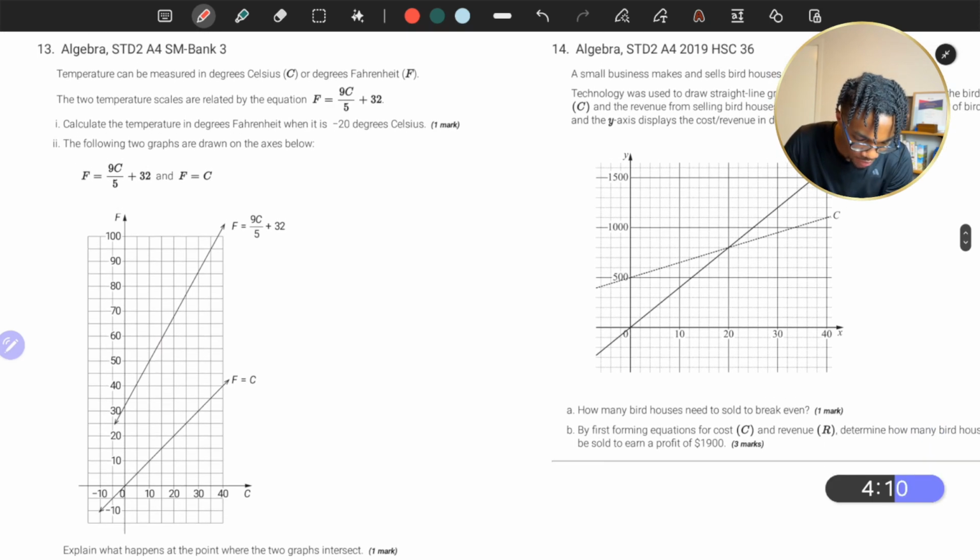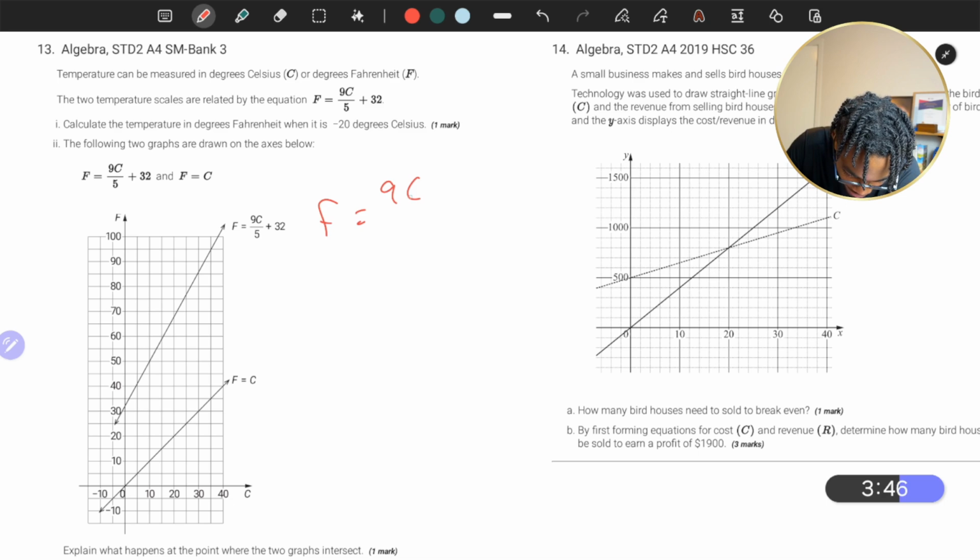Okay, so have a look at question 13. Temperature can be measured in Celsius and Fahrenheit. The temperature scales are related by the equation there. Calculate the temperature in Fahrenheit if it's minus 20 degrees Celsius. So Fahrenheit equals 9C over 5 plus 32.